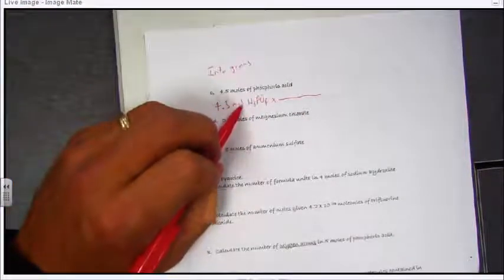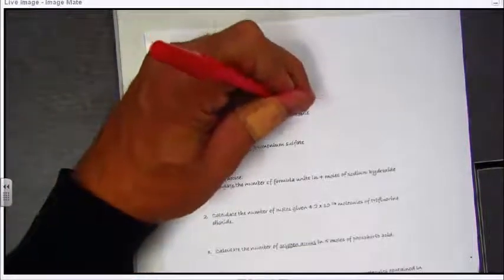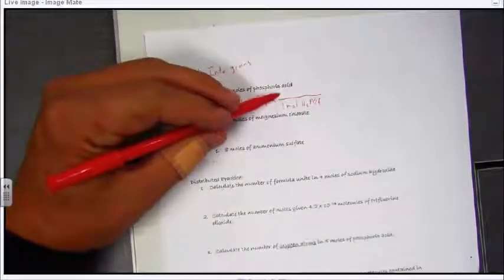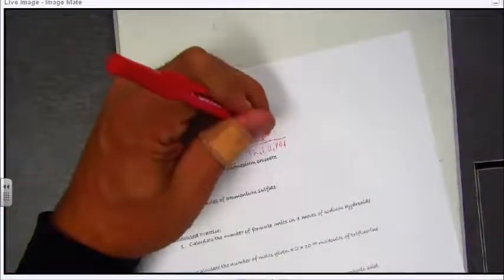According to the mole chart, moles of phosphoric acid goes on the bottom, and that will be 1 mole. And the gram formula mass, or what we'll just call the molar mass, goes on top. 98 grams. There's 98 grams in 1 mole of H3PO4.